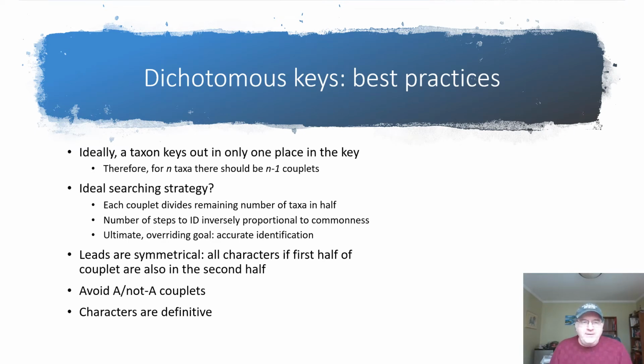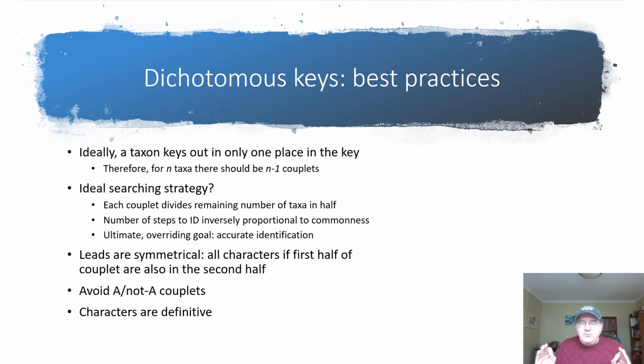difficult to identify things. And then the final best practice that I've got on my list is that the characters are definitive, that they are the two halves that are presented in the two leads of the couplet.